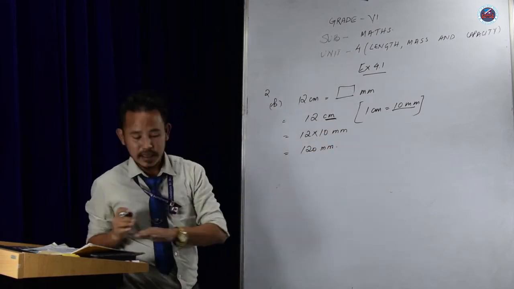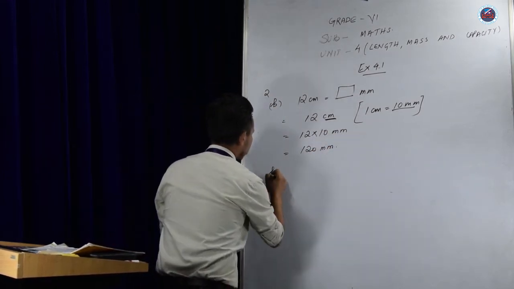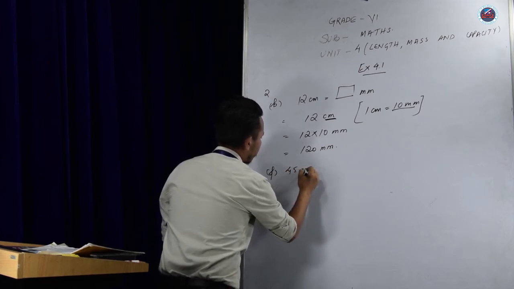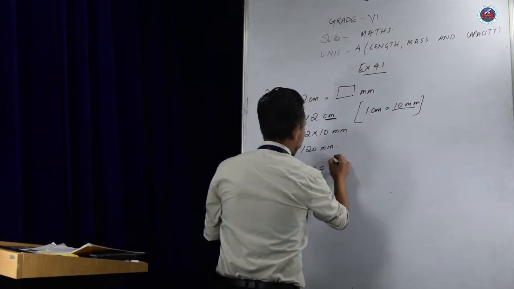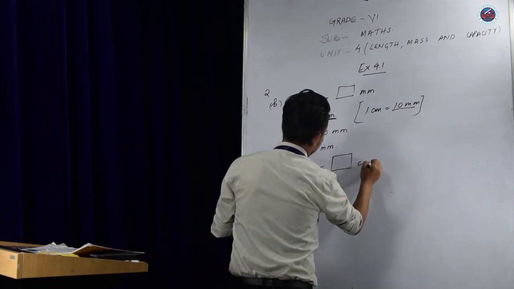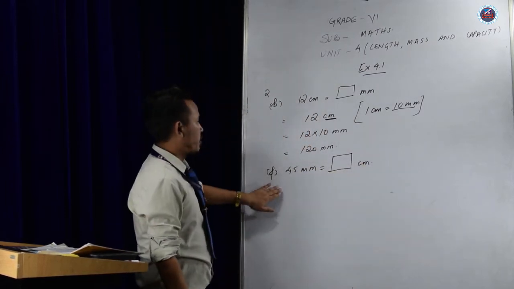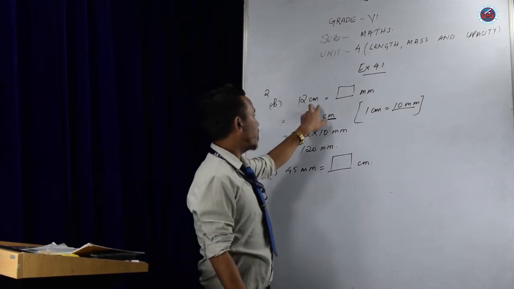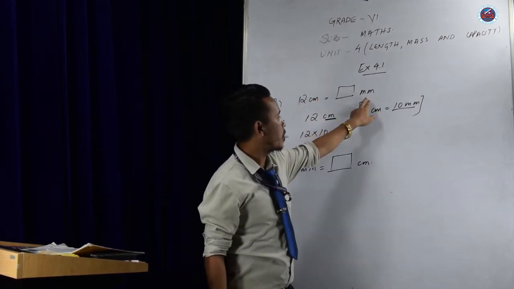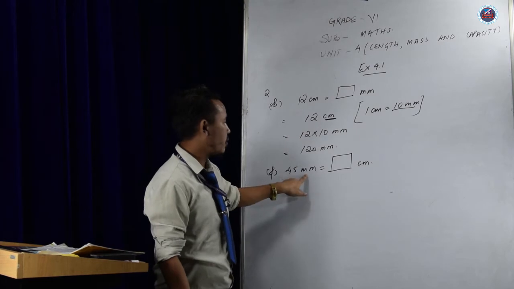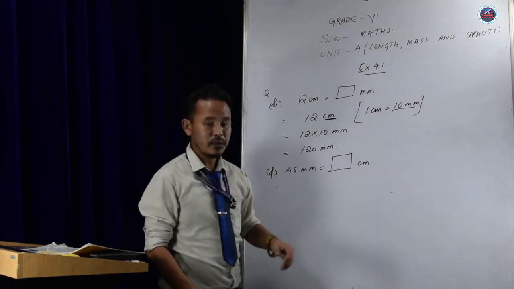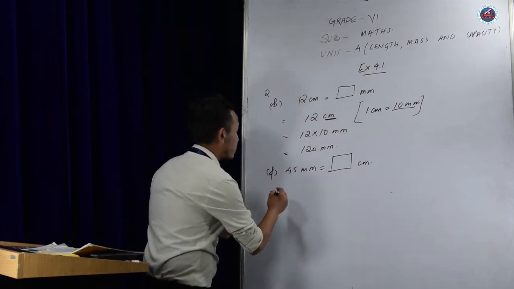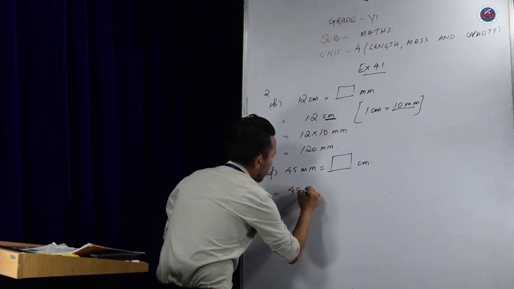And the next one, number F, that is 45 millimeter equals to centimeter. So now, here we have seen the bigger unit converting into the smaller one, we multiply. Here the smaller one we have to convert into a bigger unit. So what do we do? We divide it. So the simple way to do it is 45 millimeter.